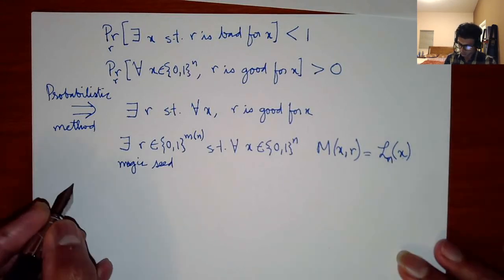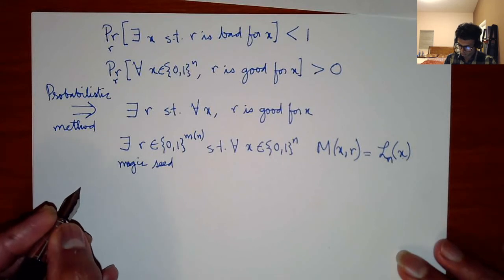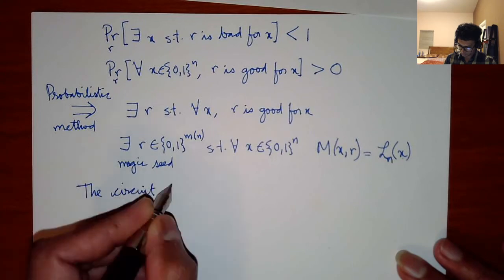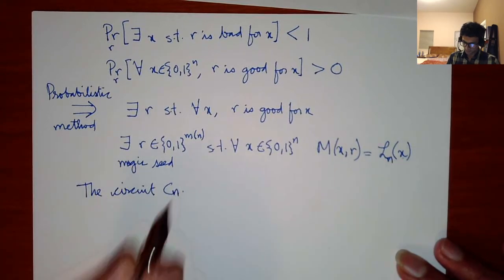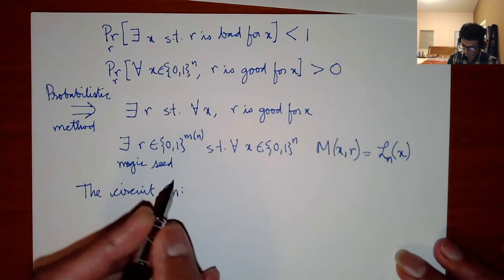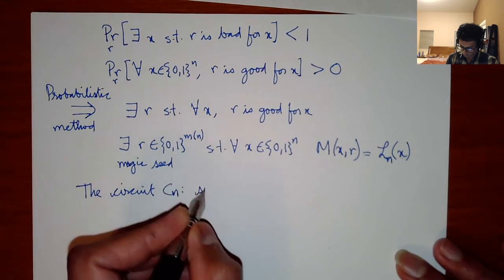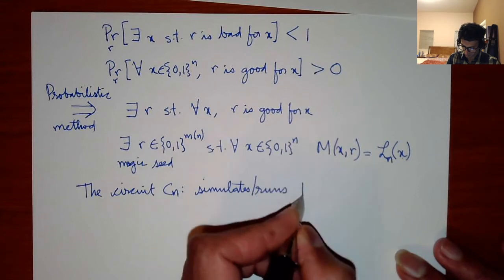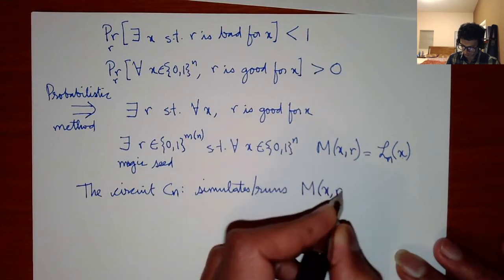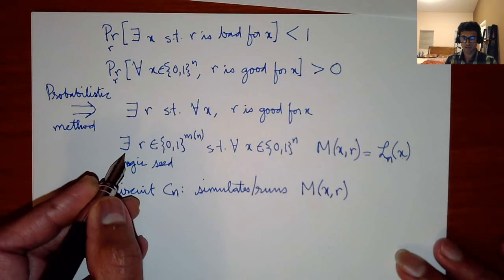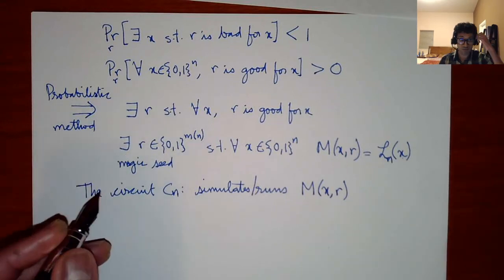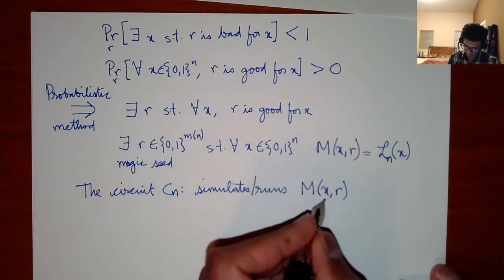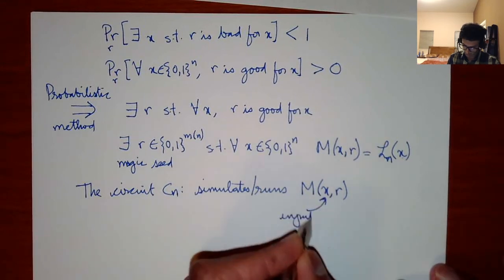So now let me describe the circuit C_n. The circuit C_n simply simulates or runs M(x, R), where R is the magic seed. So you fix R. Now that we've discovered this R, this is the input to the circuit, right? This is not the input.